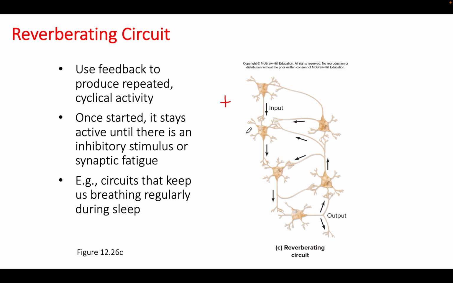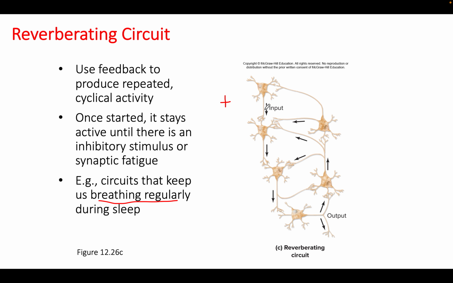We've talked in previous lectures about blood clotting as being a positive feedback, childbirth being a positive feedback. So this reverberating circuit is another example of a positive feedback loop. An example here is how we breathe, essentially, or keeping us breathing while we're asleep.